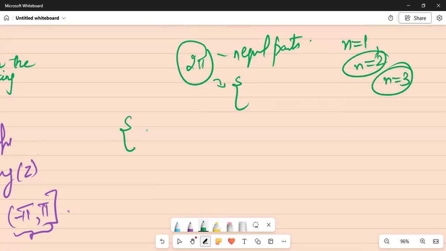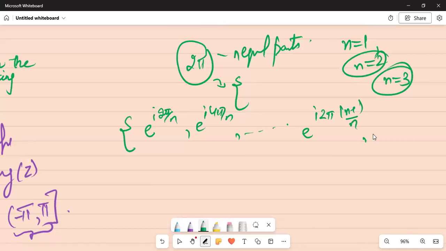So you have your nth roots of unity as this, then this, and you continue till 2 pi (n minus 1) upon n, and the last one is 2 pi n upon n, which is nothing but the argument 0 or 2 pi, which represents the same complex number 1.